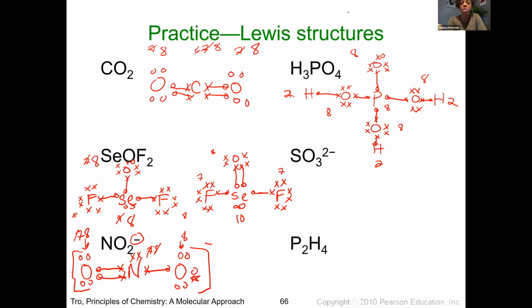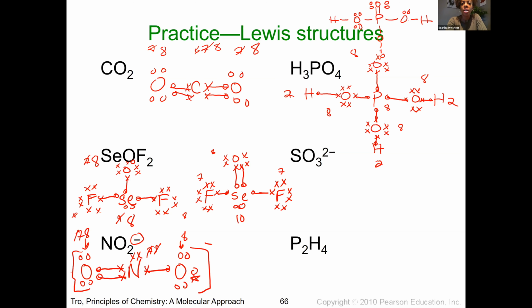Or you could also, and I'm just going to draw this in the corner, we could have instead created a double bond between the oxygen and that phosphorus there, which would then give us a total of 10 around the phosphorus rather than 8.